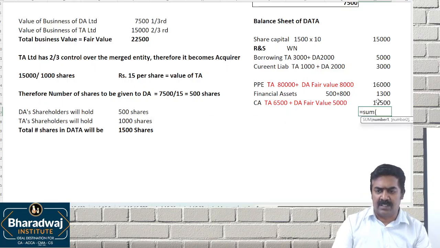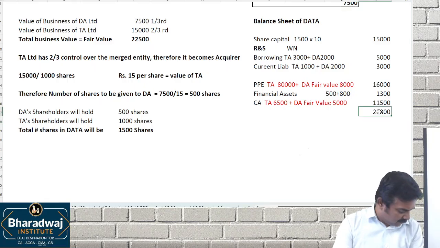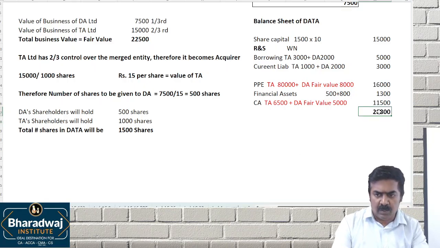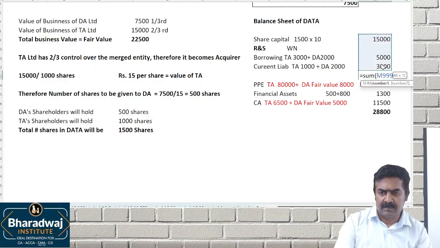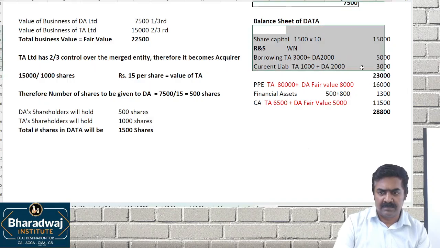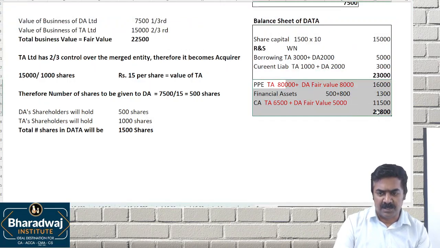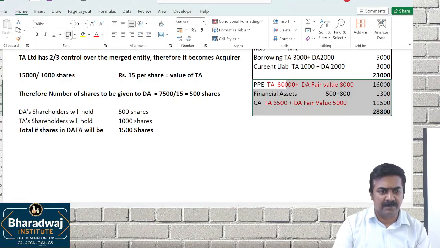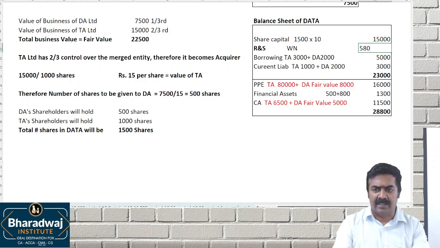So if you are clever in the exam, what does the total of the balance sheet come to? 28,800. 23,000 comes. For balancing, we can take reserves and surplus, but we will verify it. 5,800.